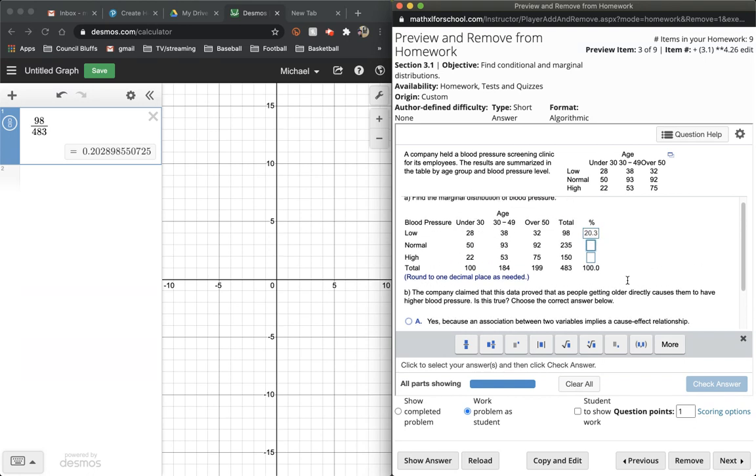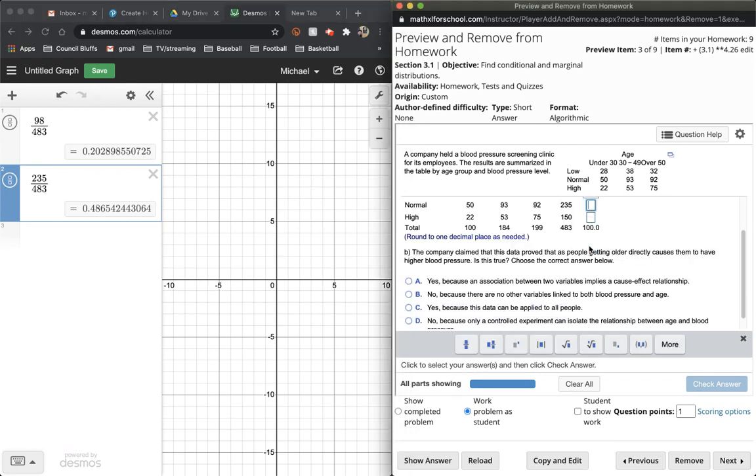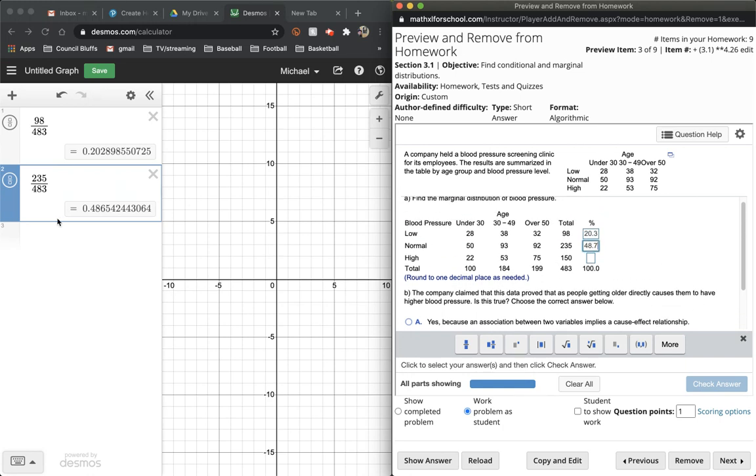For normal blood pressure, that's going to be 235 out of 483. So that's going to be 48.7%. Okay. And for part C, that's going to be 150 out of 483.